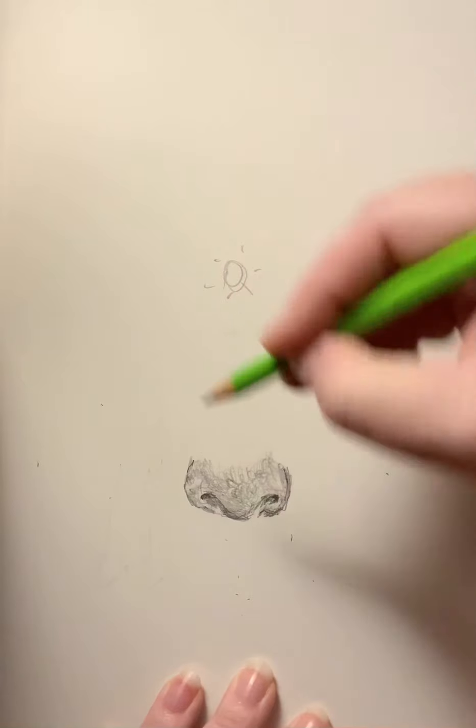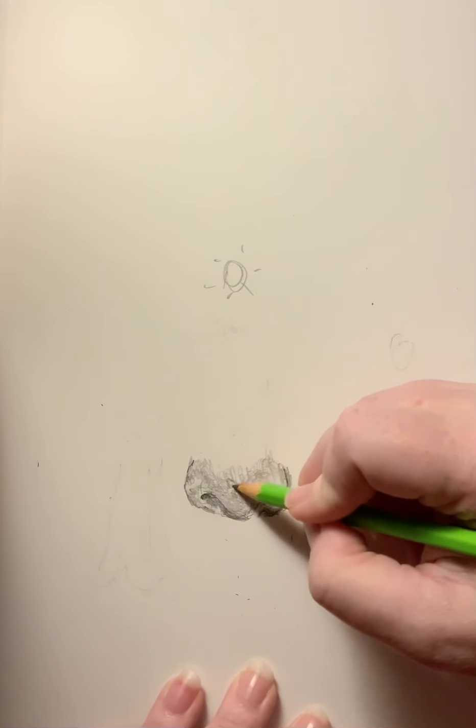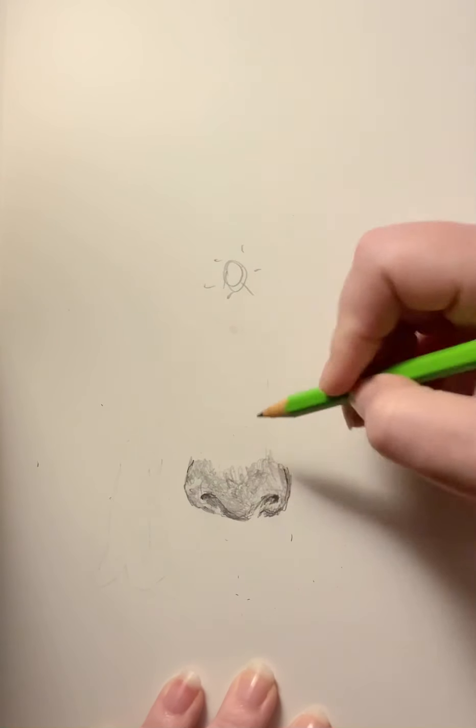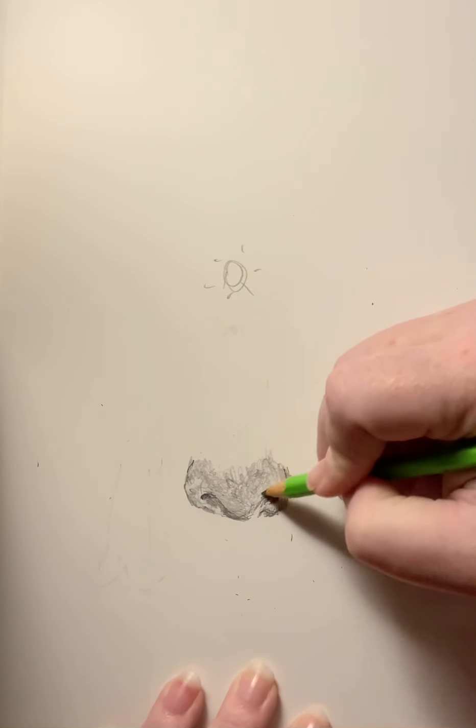I'm using sort of a scribbling shading type where you do squiggles. That's what I'm using here. It is a linear type of shading.